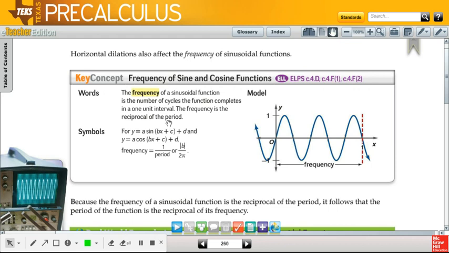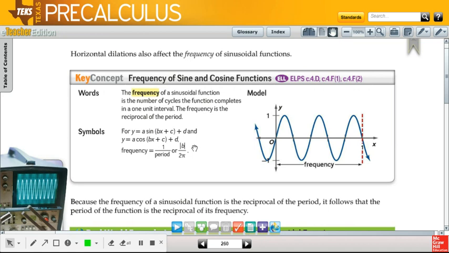Now, for the symbol, the formula on how to find frequency, as stated from the textbook, for y equals a sine of bx plus c plus d, and y equals a cosine of bx plus c plus d, is frequency equals 1 over the period, or the absolute value of b over 2 pi.